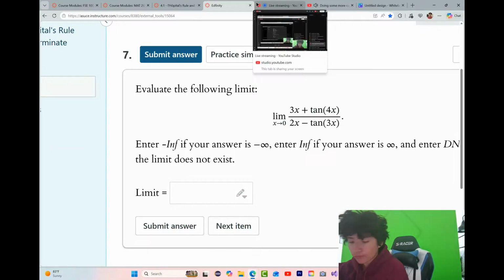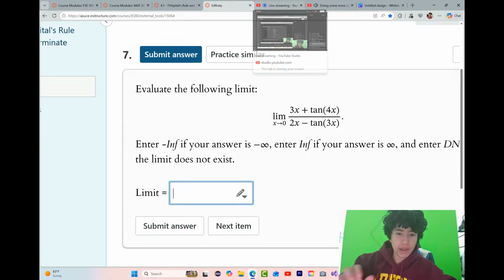So we have 4 over 1, which is literally plus 4, over 2 minus 3. So this equals 7 over negative 1, which equals negative 7.